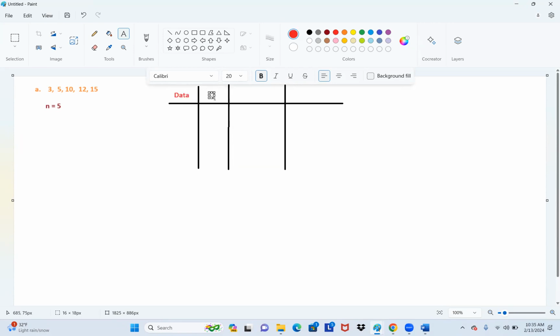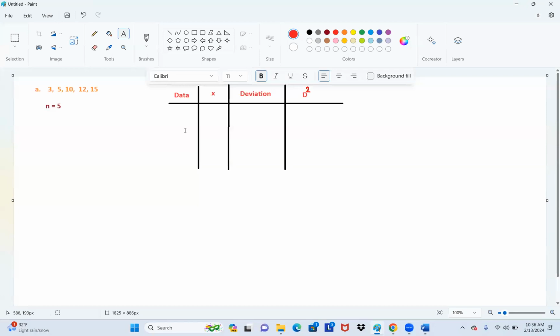The third is the deviation, and the fourth is the squared deviation, D squared.